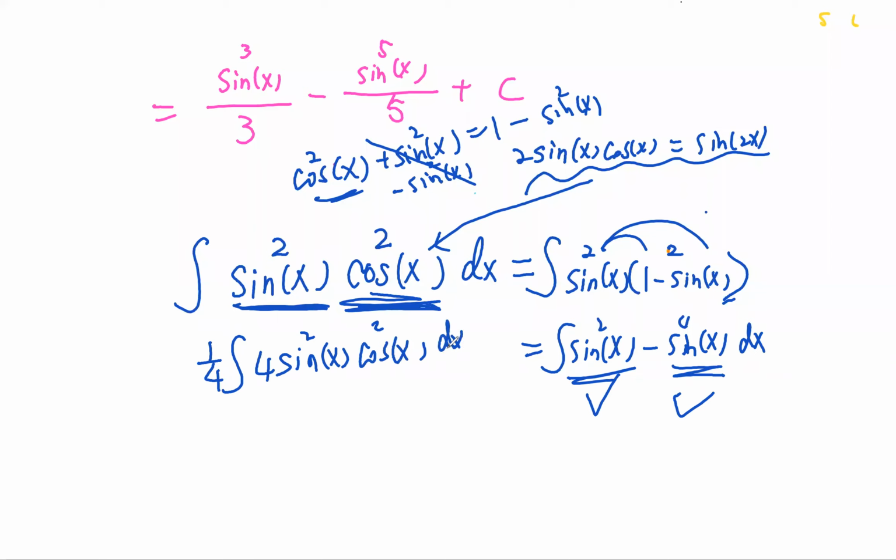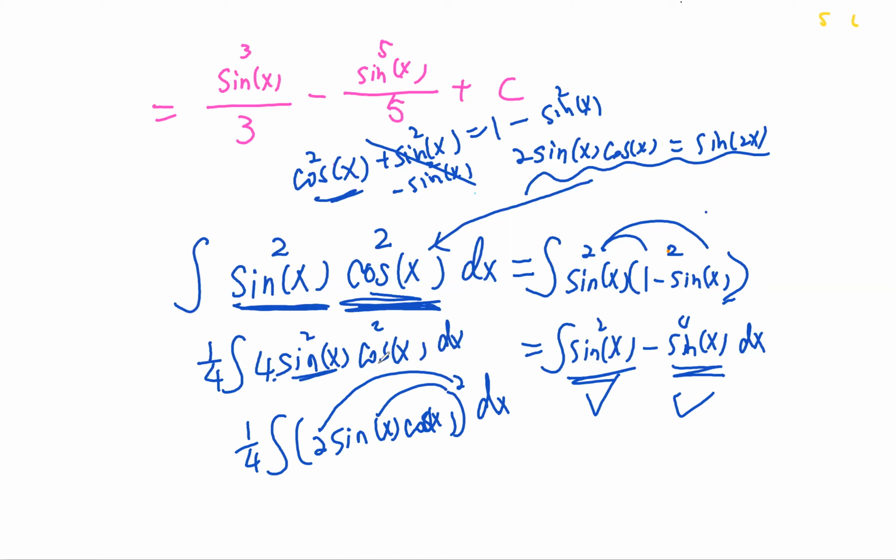If I give a 4, that's gonna be 2 sine x cosine x, whole thing squared. The square of 2 is a 4. Square of sine, sine squared. Square of cosine, that's going to be cosine squared. I didn't do anything here. I just rewrite that because I know 2 sine cosine is sine 2x. Square, that's my square right here.